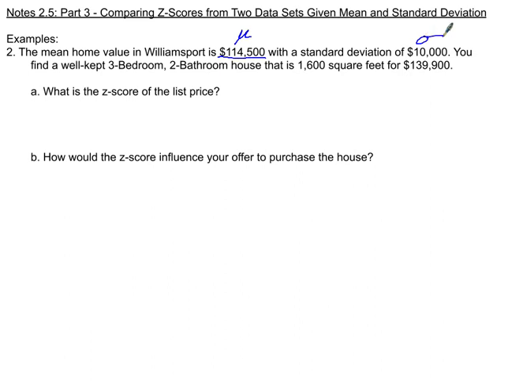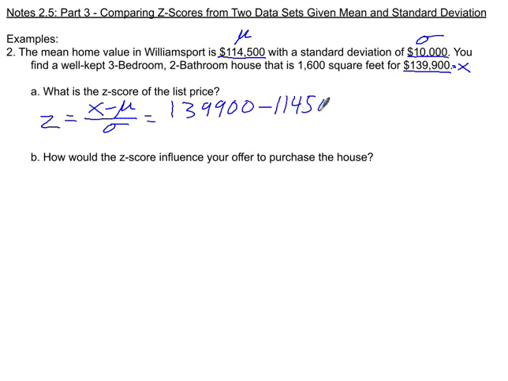The standard deviation is 10,000, and our data value is right here. So let's use our z-score formula, substitute in our values. We see that this z-score is 2.54.